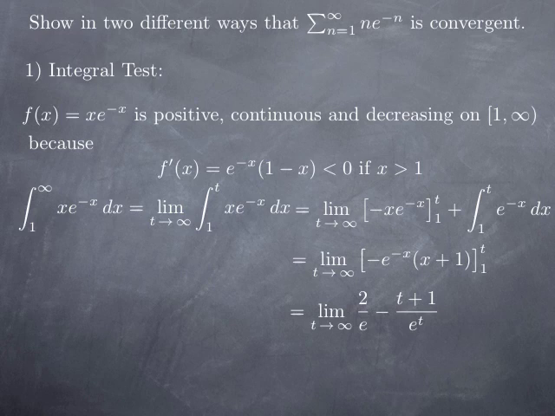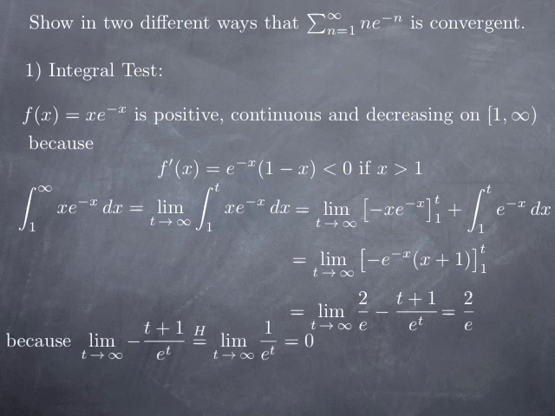And now we want the limit of this expression as t goes to infinity. And the second term, the term that depends on t, turns out to go to 0, and therefore the limit is 2 over e. The reason why the second term, t plus 1 over e to the t, goes to 0 is because applying the rule of de L'Hopital, we have a ratio, an indeterminate form of the type infinity over infinity.